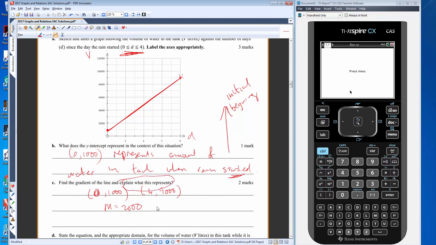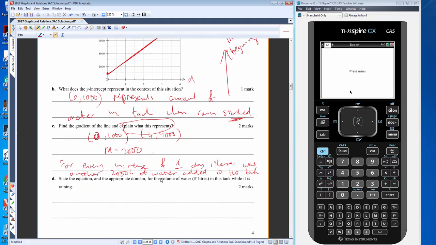You needed something like: for every increase of 1 day there was another 2,000 litres of water added to the tank. You needed to say something explicit like that.